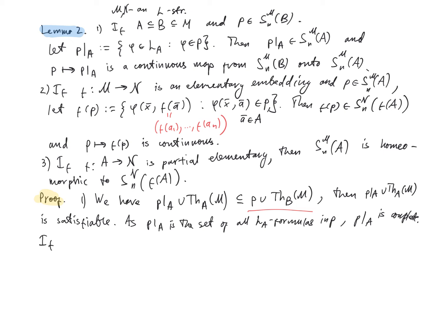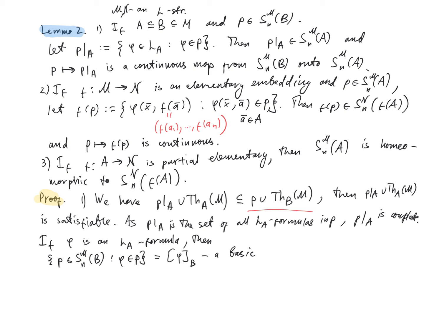And if phi is an L_A formula, then the set of all types p in the space of complete types over B such that phi belongs to p is equal to the basic open set [phi], let me write subscript B to stress that it's a basic open set in the space S_n(B) in M.